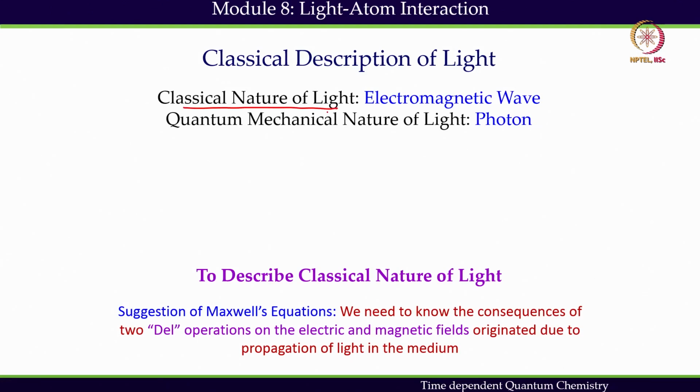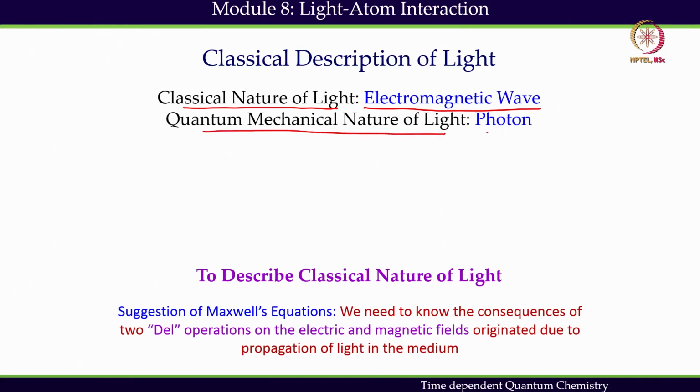So, if I say what is the classical nature of light, it is nothing but electromagnetic wave. When I am describing light as electromagnetic wave, I am actually assuming that light is behaving classically. On the other hand, other phenomena associated with light such as photoelectric effect display the particle aspect of light, which is called quantum mechanical nature of light.